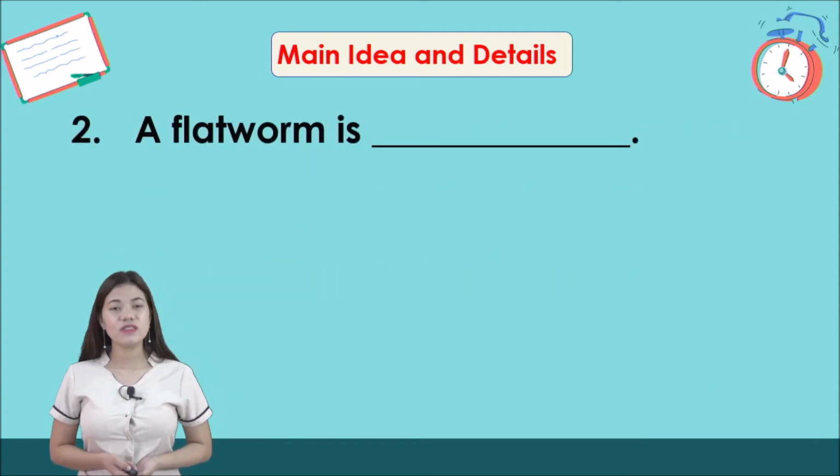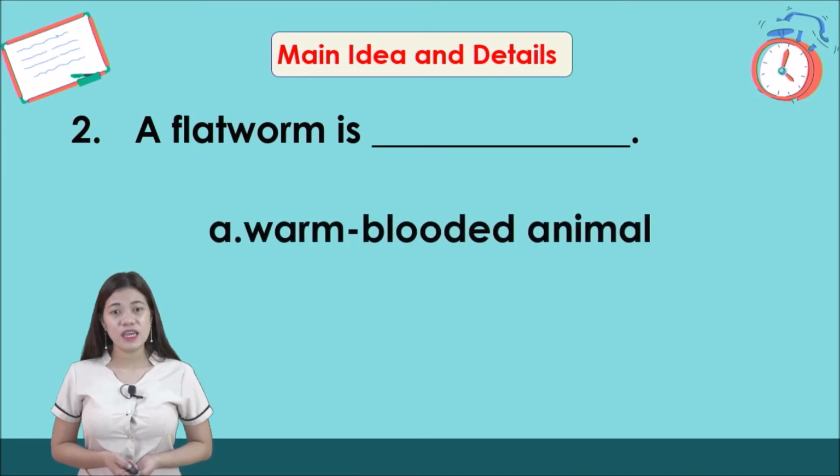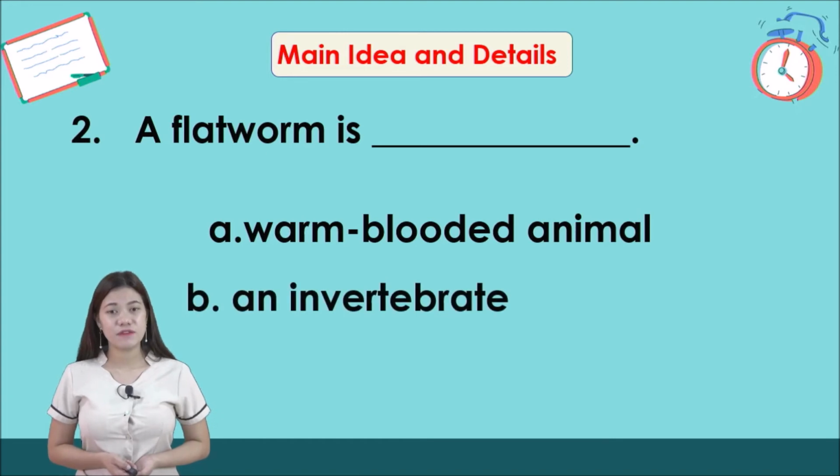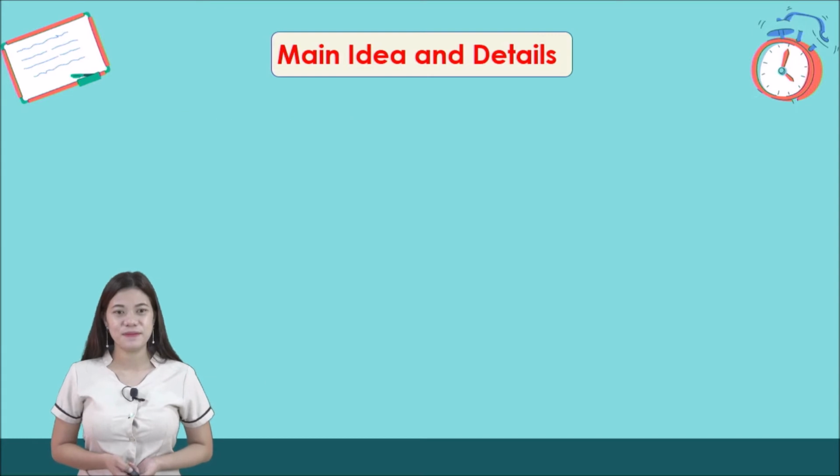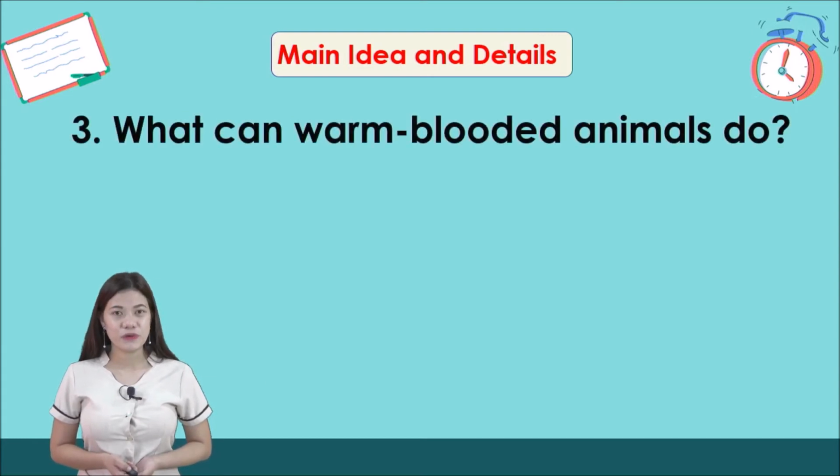Next question. A flatworm is blank. A. Warm-blooded animal. B. An invertebrate. Or letter C. A vertebrate. The answer is letter B. An invertebrate. Number 3 question.